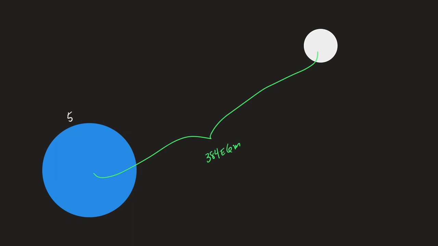The Earth is 5.98 times 10 to the 24th kilograms, while the Moon is 7.37 times 10 to the 22nd kilograms. Could you figure out the center of mass between these two using what we just did?